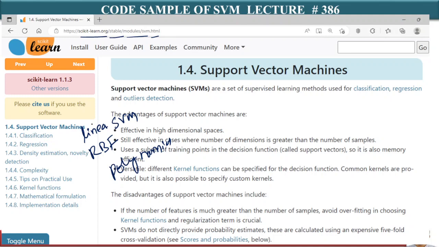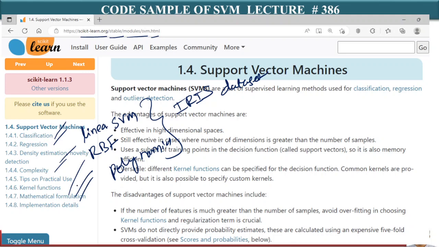Here he is explaining for the iris dataset. You can see classification, regression, density estimation, complexity. Just browse this documentation. There is a lot of nice documentation and a lot of sample code in this single page.